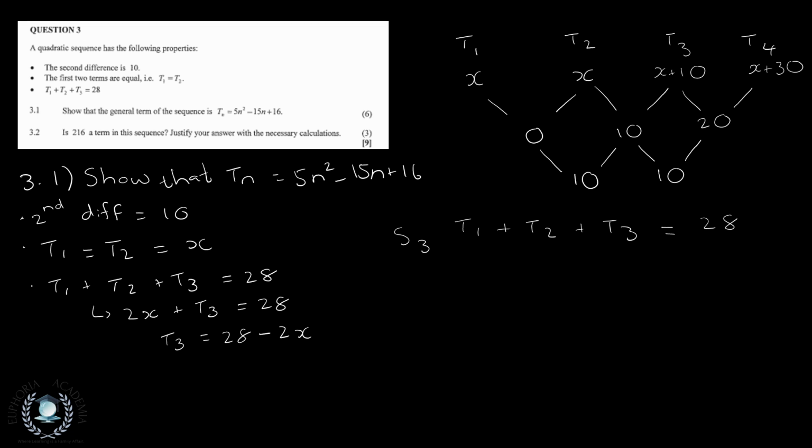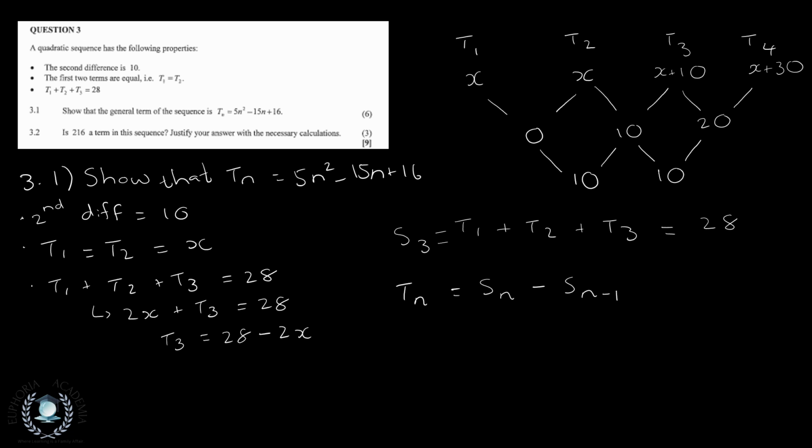So S3 would be written as such. S3 is equal to T1 plus T2 plus T3. And we know that if you want to find any term number, that is equal to the sum of the terms up until that point minus the sum of the previous terms before you got to this last term n.